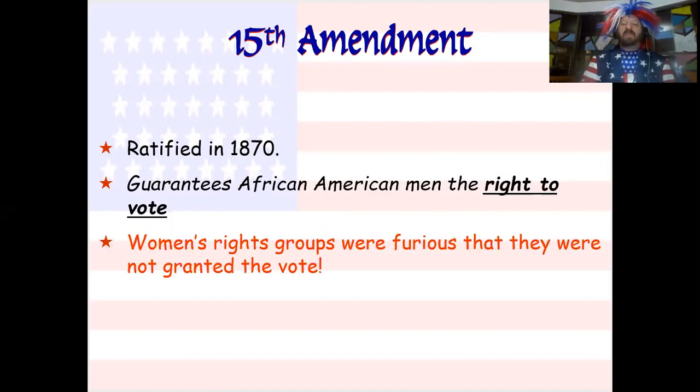And this made so many of the women's groups furious, because you had the white women who were looking around going, wait, he gets to vote before me? Because remember what I told you last time I was with you. I told you about the North, right? And the South. And the North was not exactly everybody's equal. This is a big misconception in U.S. history.